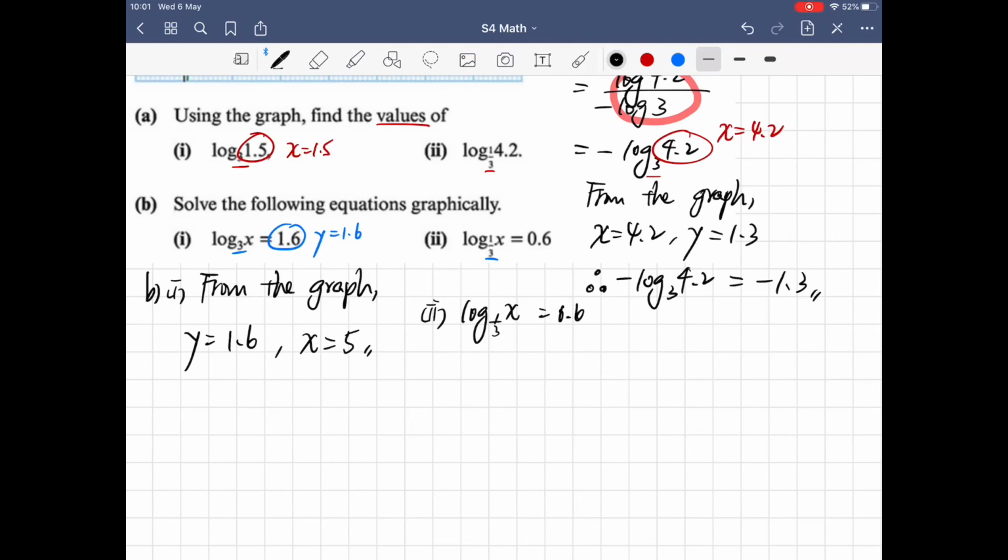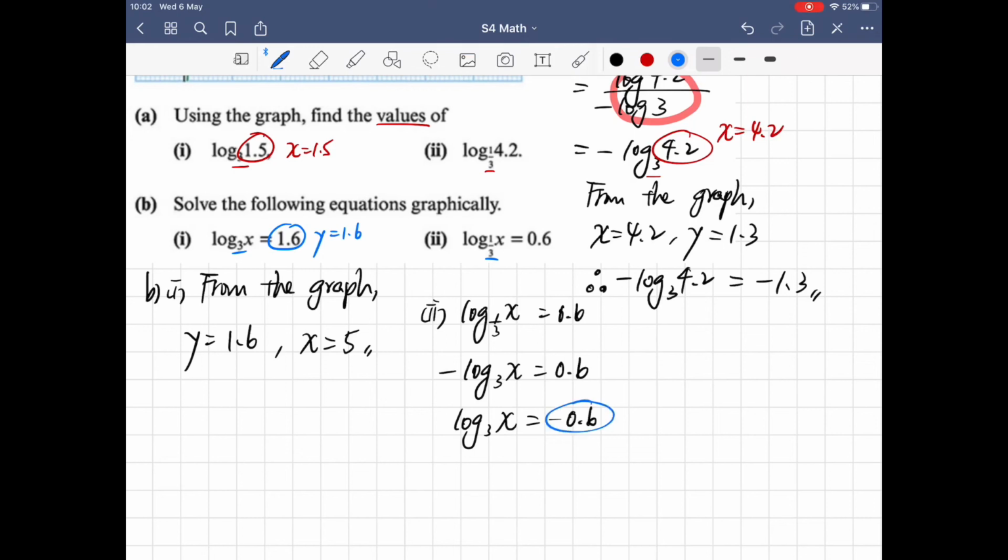So we can convert it into negative log x with base 3 equals 0.6. And afterwards, we move the negative sign to the right-hand side so that we have log x with base 3 equals negative 0.6.